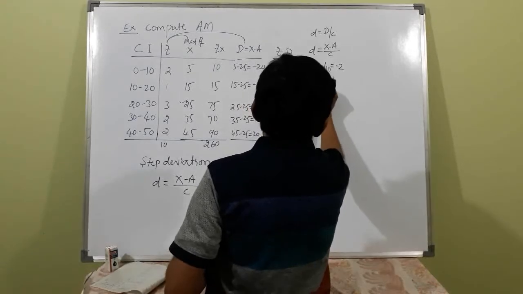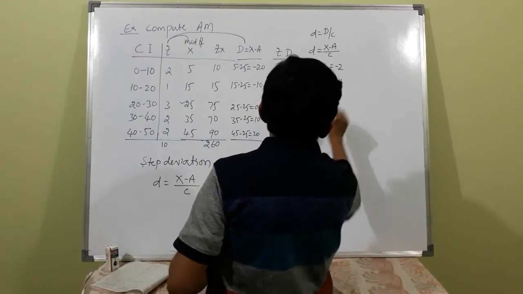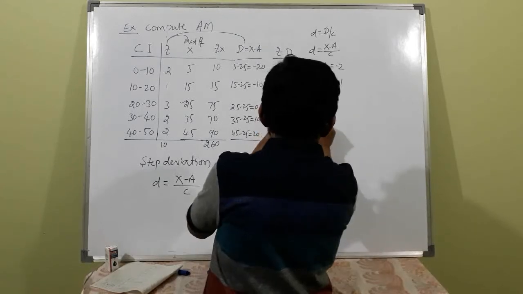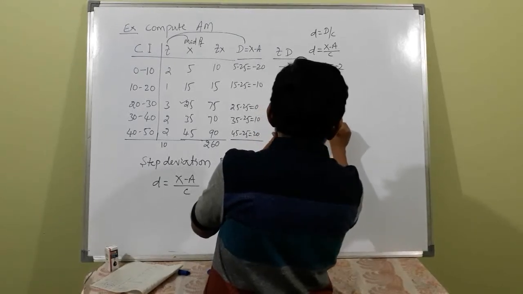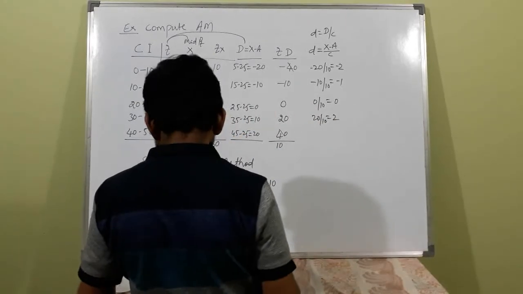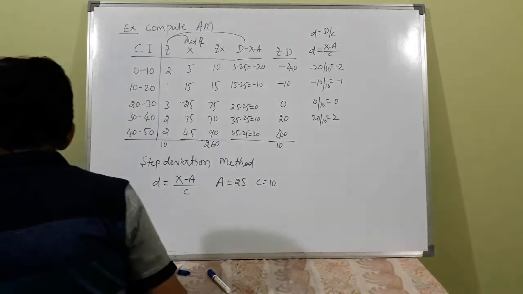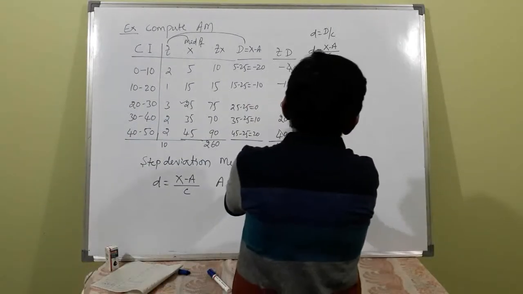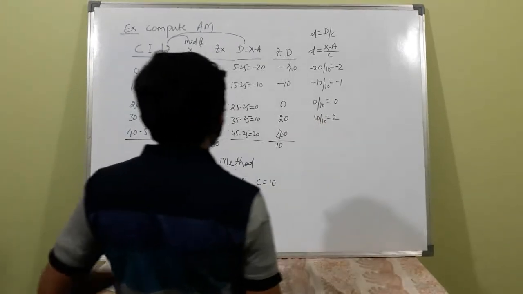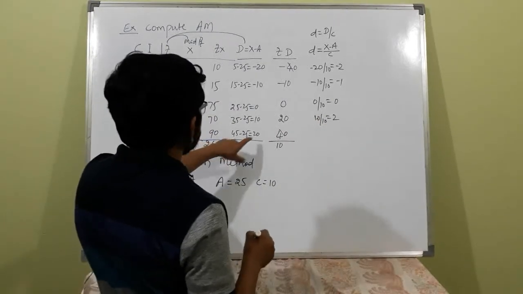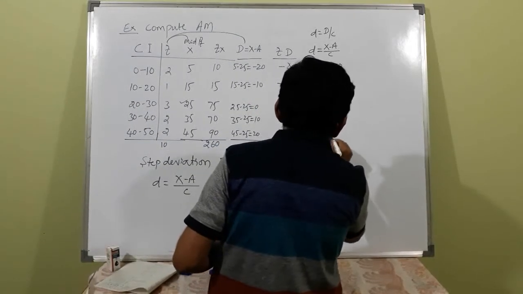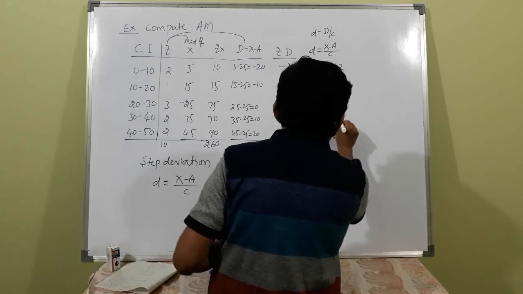Minus 10 divided by 10 is equal to minus 1. 0 by 10 is equal to 0. Sorry, 10 by 10. And 20 by 10. This is one only.